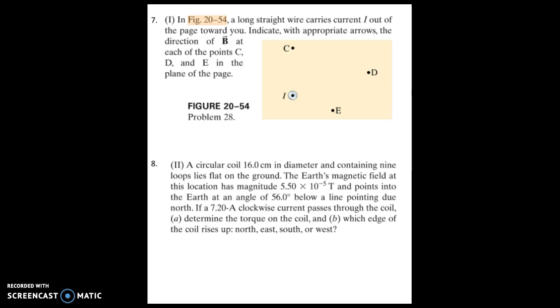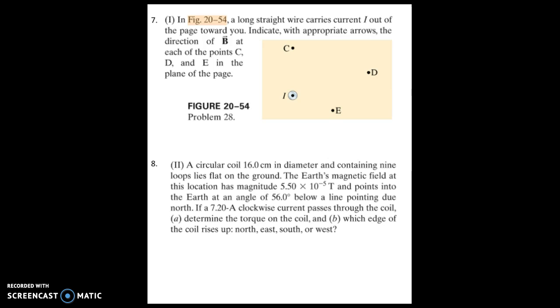And then for question 8, we're dealing with a circular coil lying on the ground with the magnetic field pointing northward and at a 56.0 degree line below the Earth. We have a current given to us, and it's asking us to determine the torque on the coil and which edge of the coil rises up.